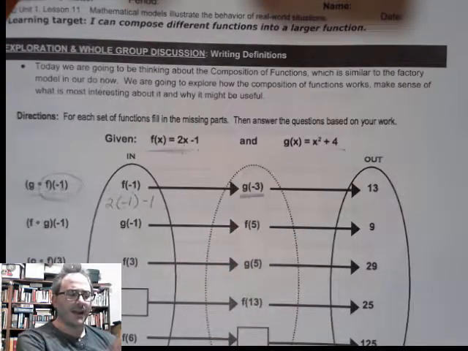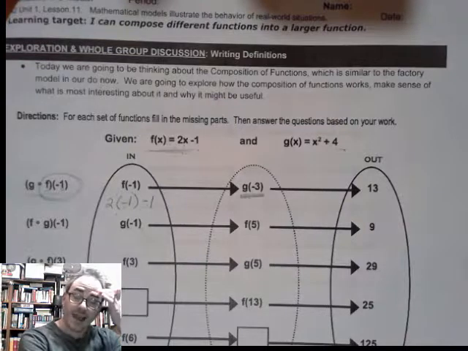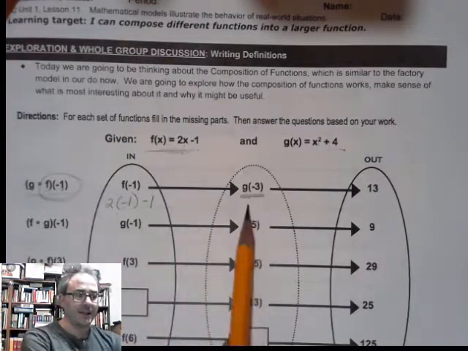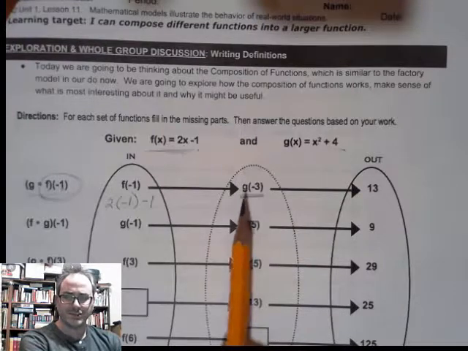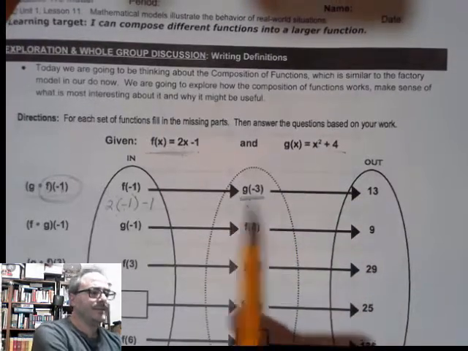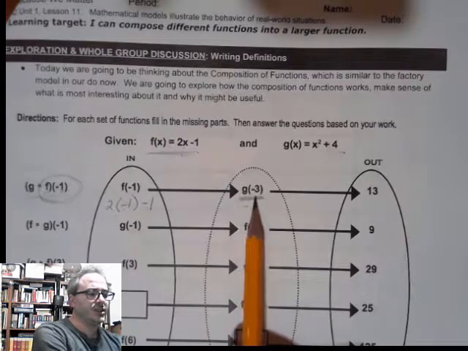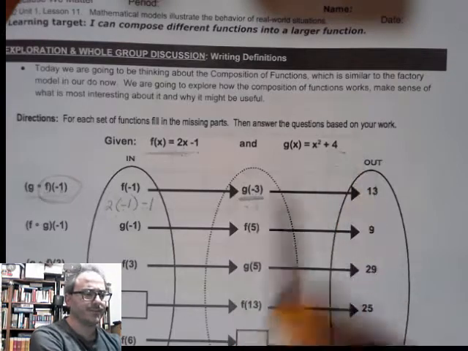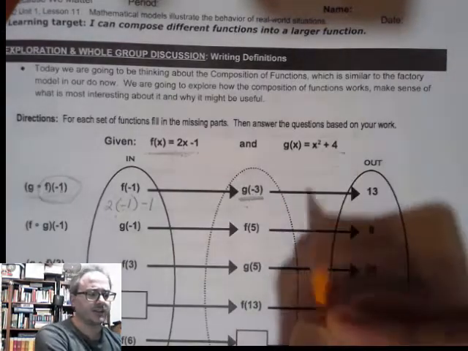So now that we have an output out of the first machine, we need to put that into the next machine. Like the apples became lemons. Now we got lemons, and we have to put the lemons into the next machine to get the oranges. The g of negative 3. So we have to plug negative 3 into our g of x function, which is x squared plus 4.